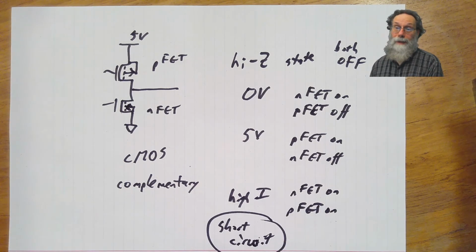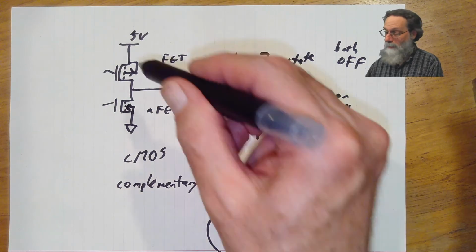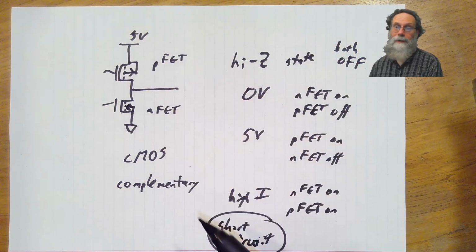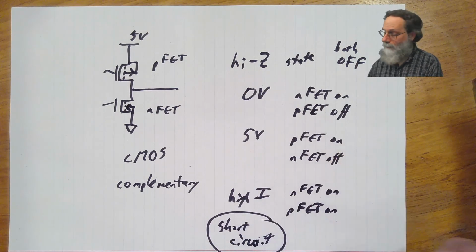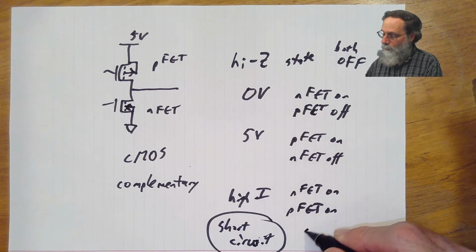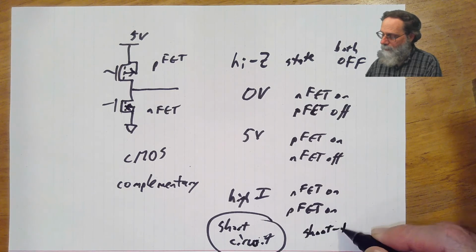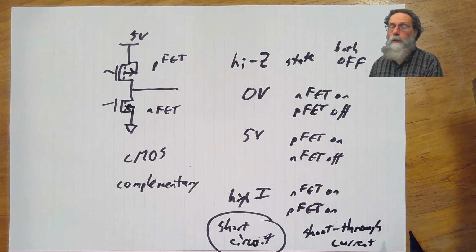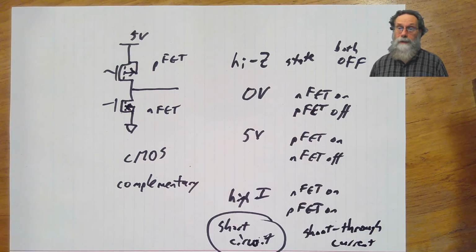We don't want that. We do not want to just be pumping current from power supply to ground without doing anything useful. So that's known as shoot-through current. And we usually want to set up our circuits to avoid getting shoot-through current. That's not always easy to do.